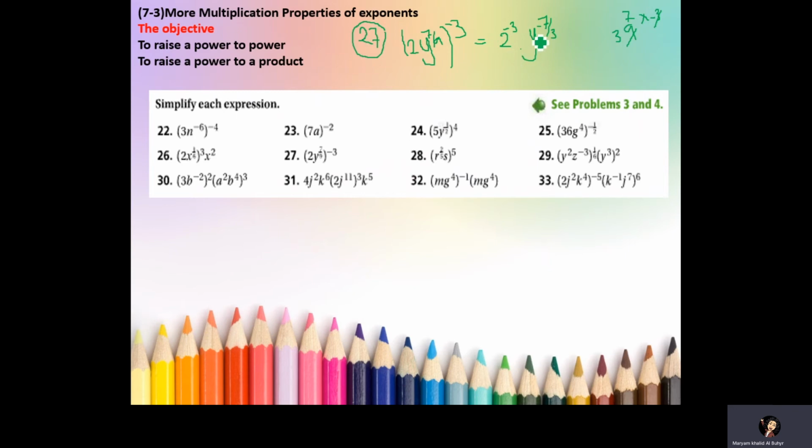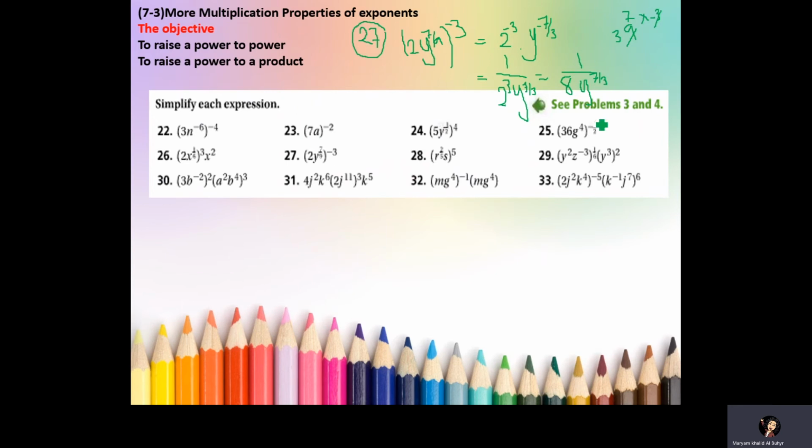This one, just move both of them down to make them positive powers. So that is 1 over 2 to the power 3, y to the power 7 over 3, which equals 1 over 8 y to the power 7 over 3.